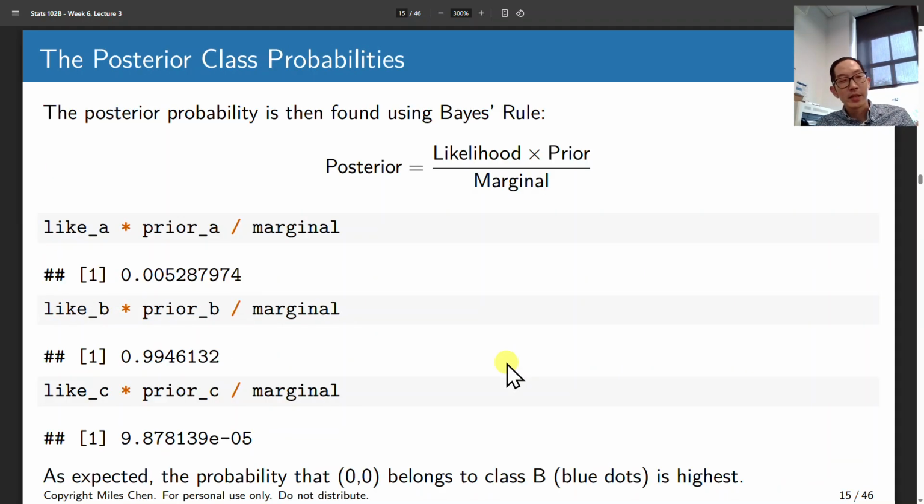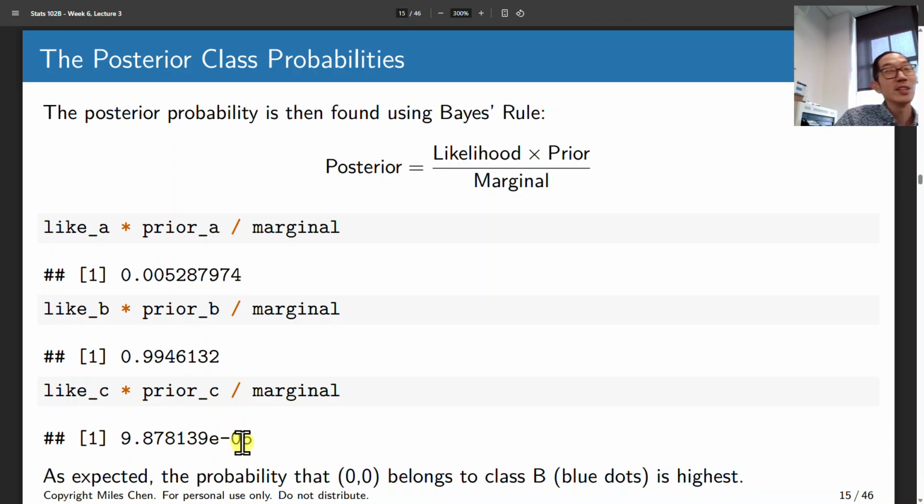Then we get our posterior by doing the likelihood times the prior divided by the marginal. Now that I've done that, my results end up being this. I get 0.005, basically 0.995, and then 9 times 10 to the negative 5.